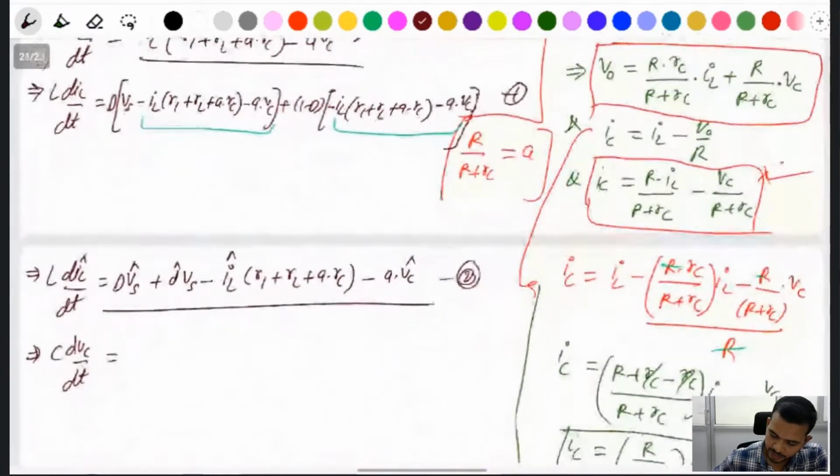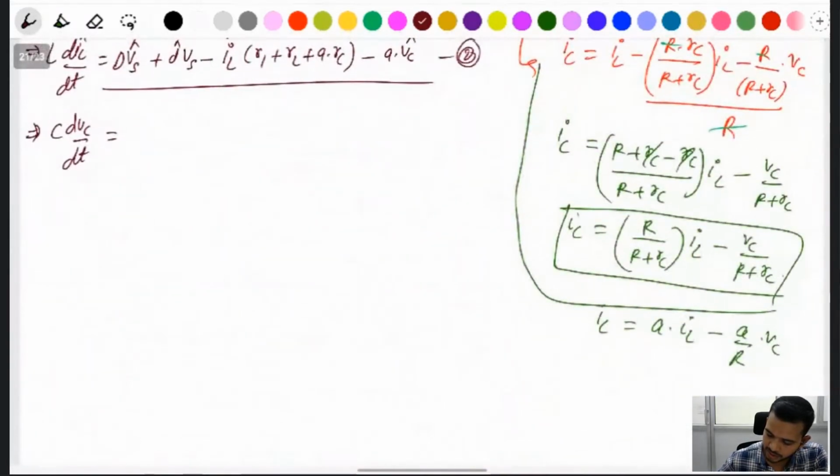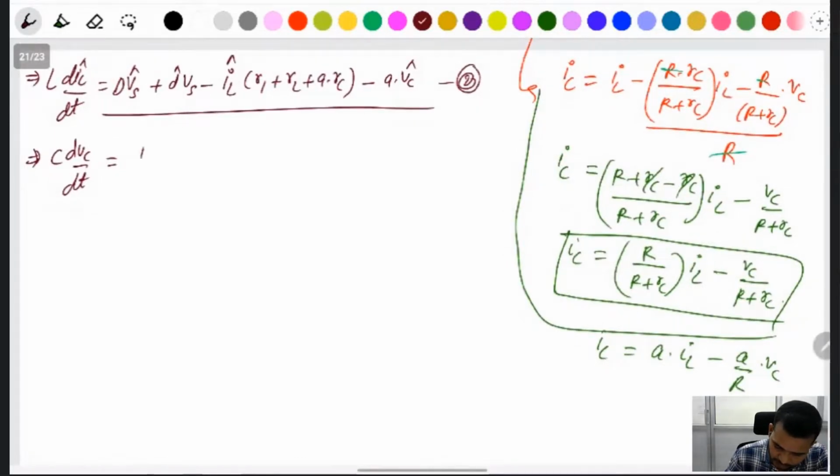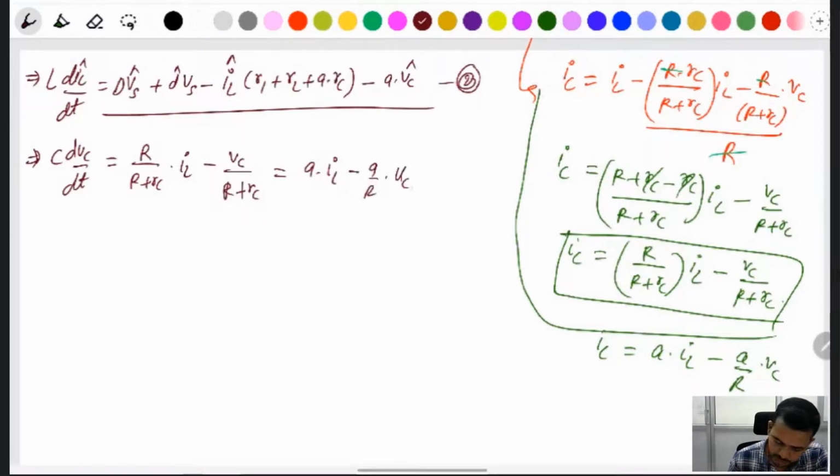That's why IL is like RC IC minus IC plus I naught, and find IC is equal to like that. R divided by R plus RC into IL minus VC, same thing, R plus RC everything. So A into IL minus A by R into VC. And switch is on, switch is off, in both the conditions, the equation is same.